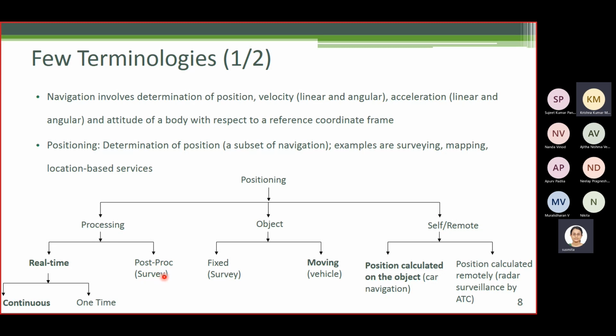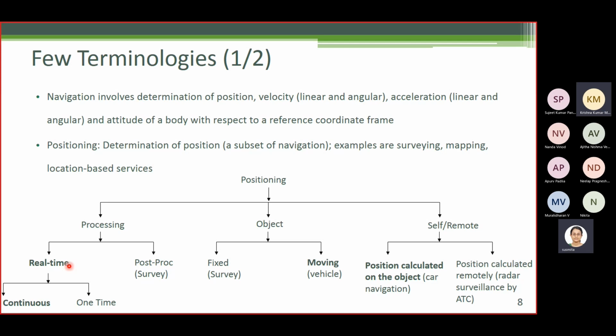An example of post-processing is surveying. In the mini project, you will log raw GNSS measurements and then post-process them using a software package. You are not processing then and there, but after some time, offline. When you use the same app to get your position in the phone, that is called real-time processing.